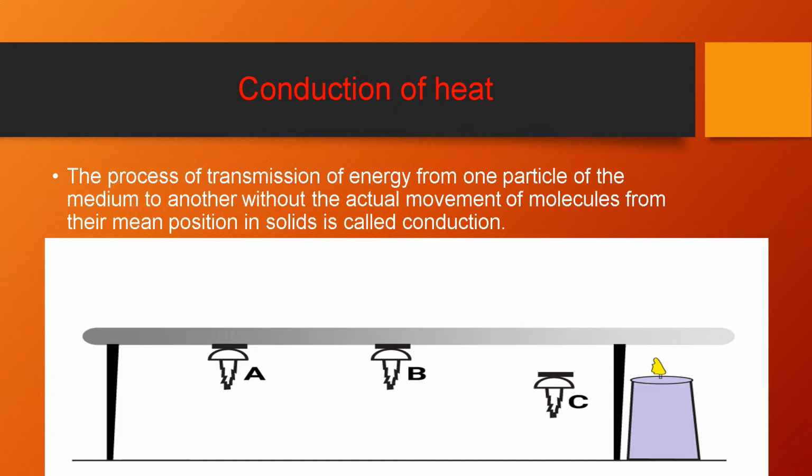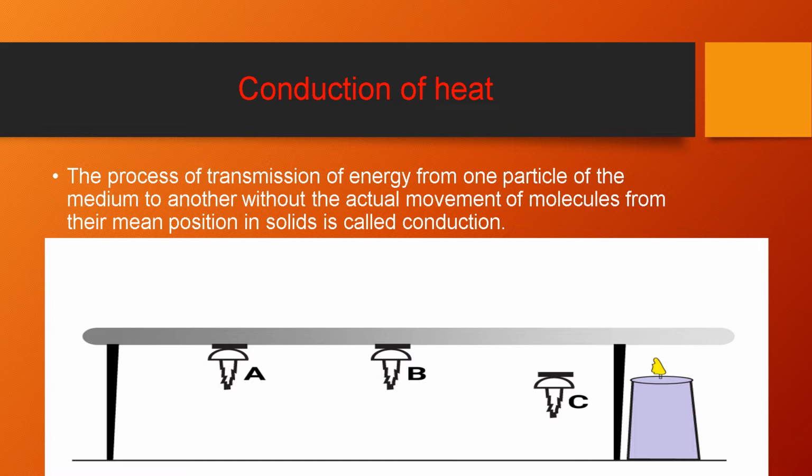Here the kinetic energy of that part of the spoon increases and the molecules start vibrating. As the molecules start vibrating, they collide with the neighboring molecules and transfer the heat. These neighboring molecules also start vibrating, and that is how the heat is transferred from one end of the solid to the other end.